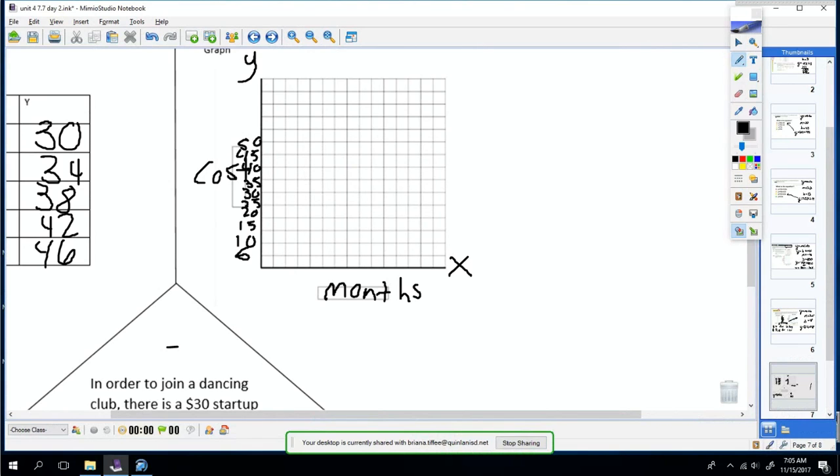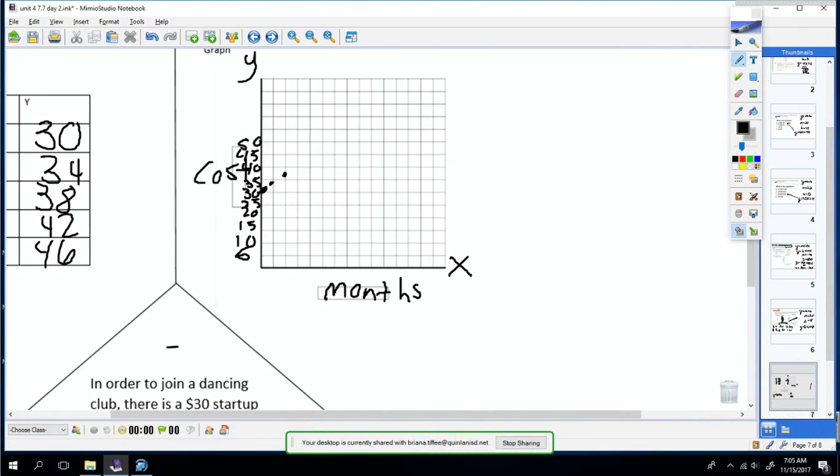So in 0 months, I'm at $30 right here. At 1 month, I'm at 34. At 2 months, I'm at 38. Oops, nope. All right, at 3 months, so that's 1, 2, 3, 4.